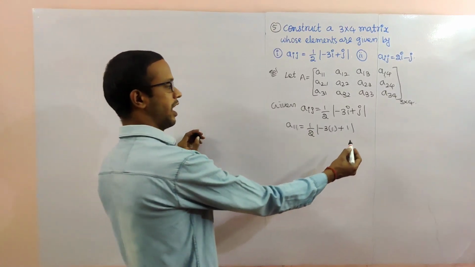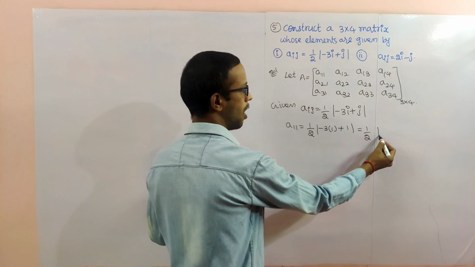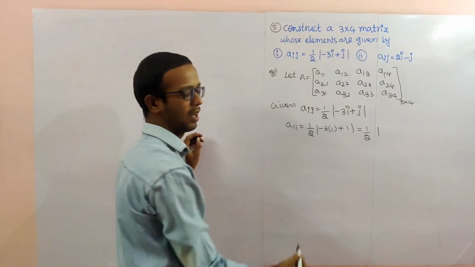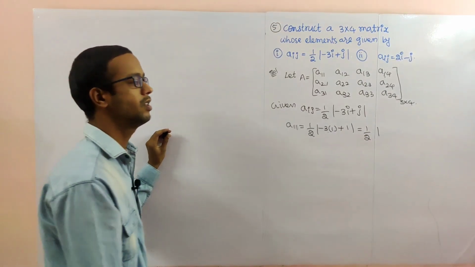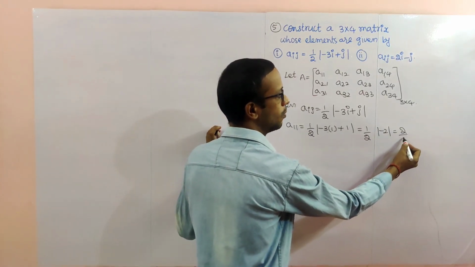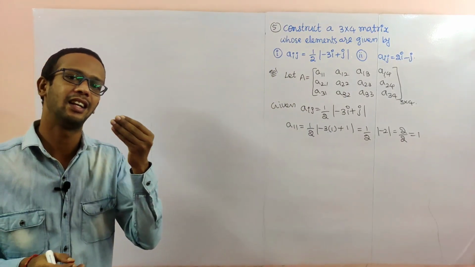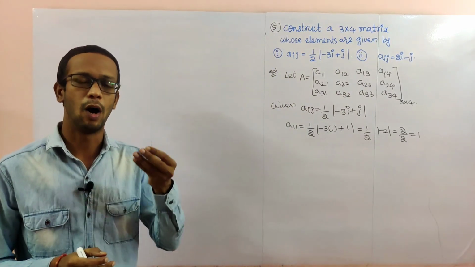Now make the simplification for this one. What will you get? 1 by 2 mod minus 3 plus 1. Minus 3 plus 1, how much? Minus 2. Mod minus 2 means 2. Modulus: already in first year we discussed the modulus function.